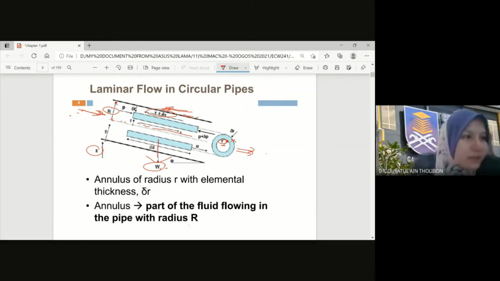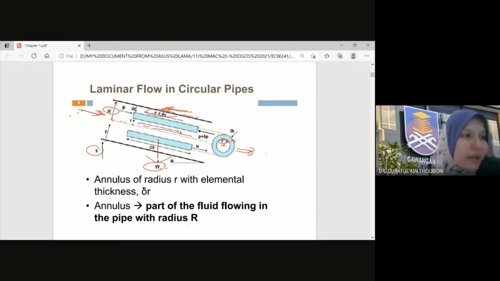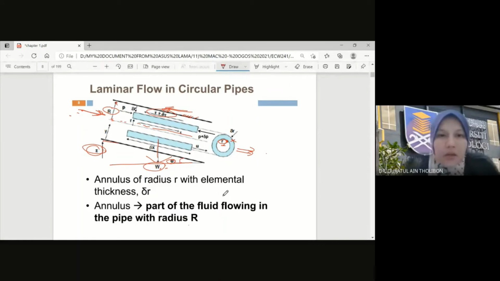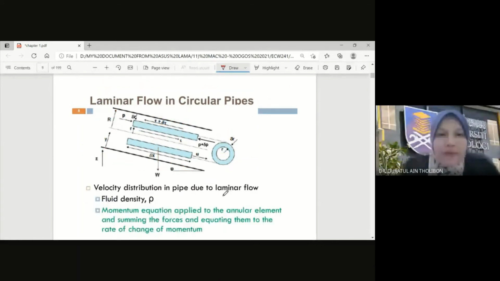Since we have the elevation, we definitely have the theta. The theta is the angle between the depth and the pipe. So that's all. Okay, so we have the fluid density.